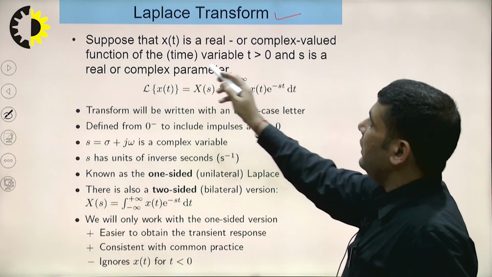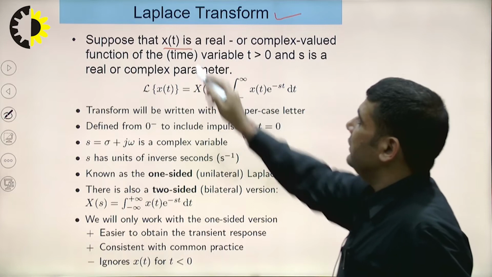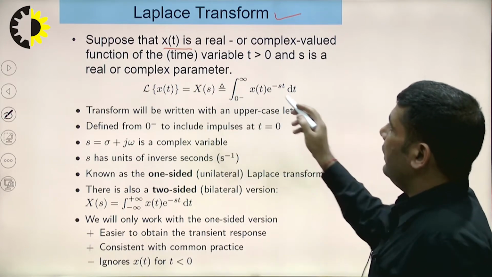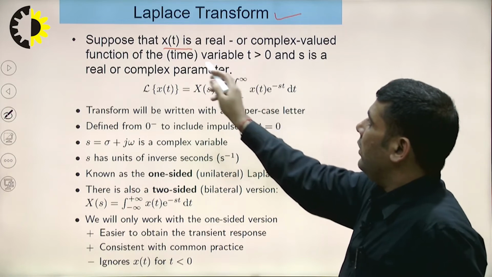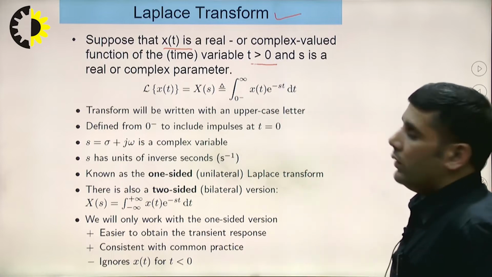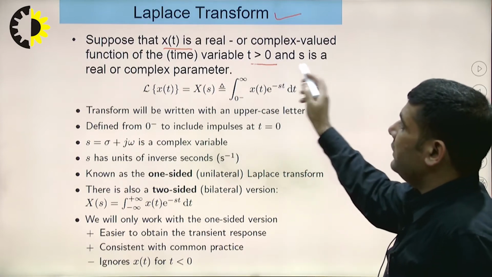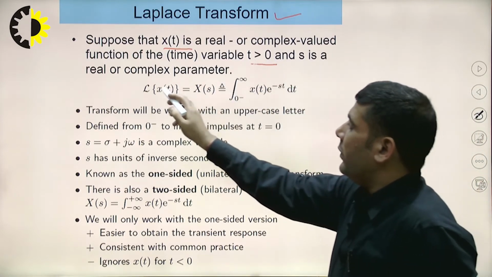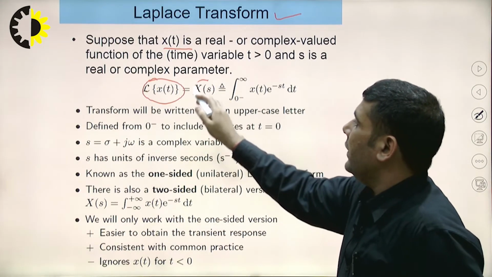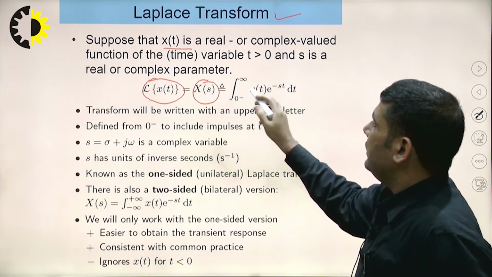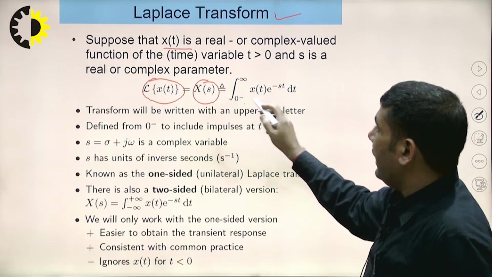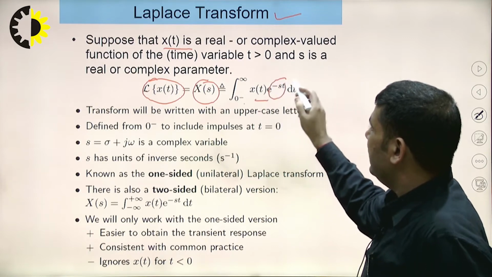If we have any signal x(t), which is real or maybe complex valued, and that function exists for t greater than 0, where s is a real or complex parameter, then the Laplace transform is given by this formula: L{x(t)}, represented by capital X(s), is the integral from 0 minus to infinity of x(t) e raised to power minus st dt.